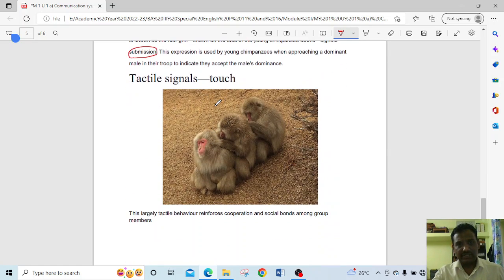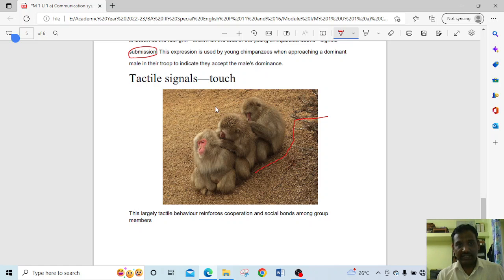Now look at this picture. Here you see that they are touching each other, and they are grooming each other. So here you see this is a kind of love, friendliness, affection, a social bond is created.